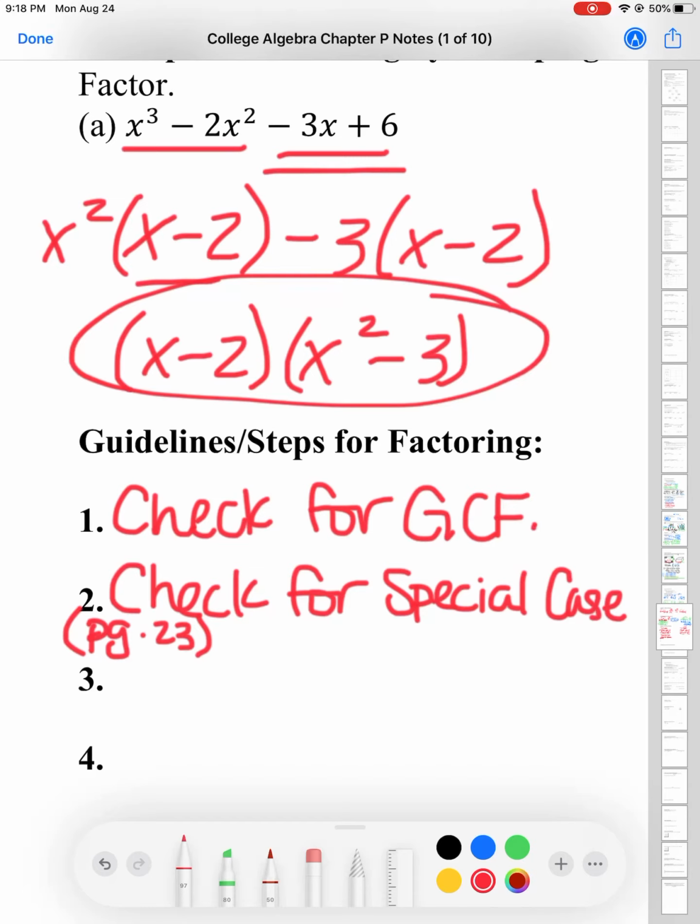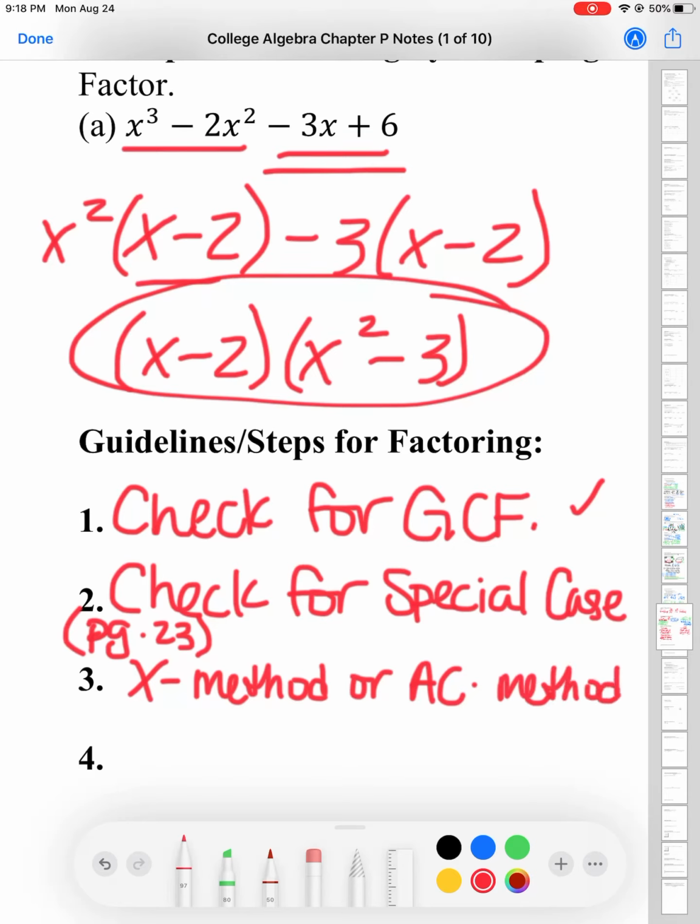If we don't have any GCFs or we've taken care of step 1, and we've checked for special cases, then we're either going to use X method or AC method. Remember, X method is if A is equal to 1.